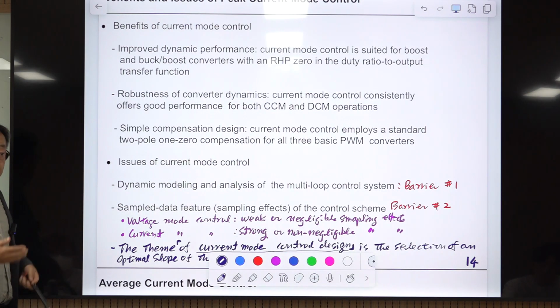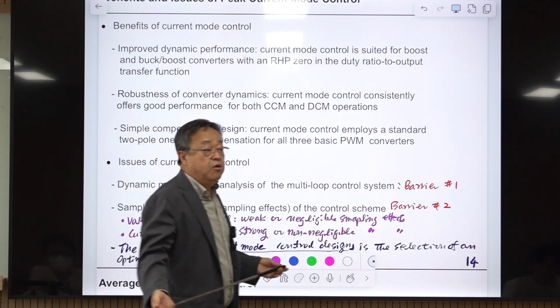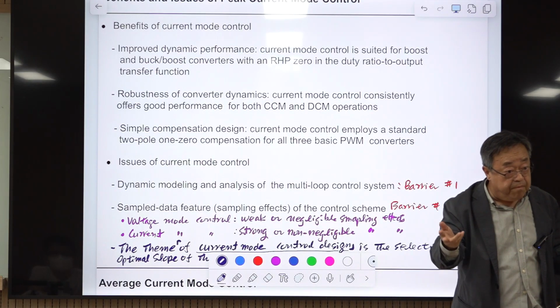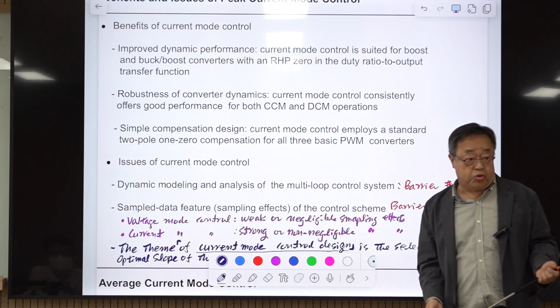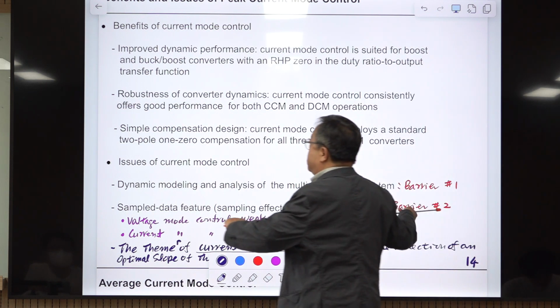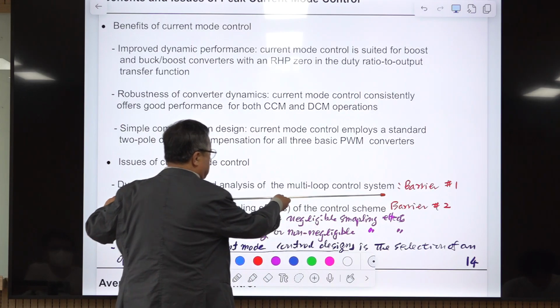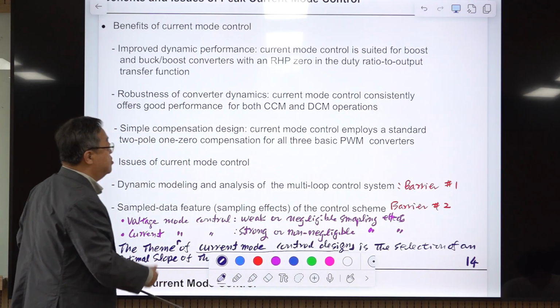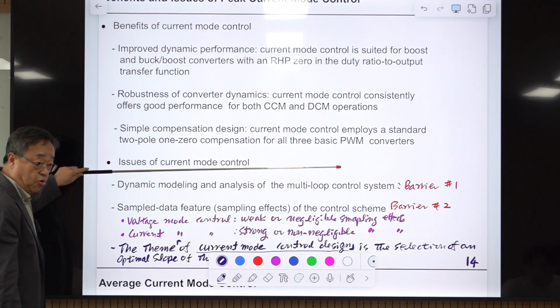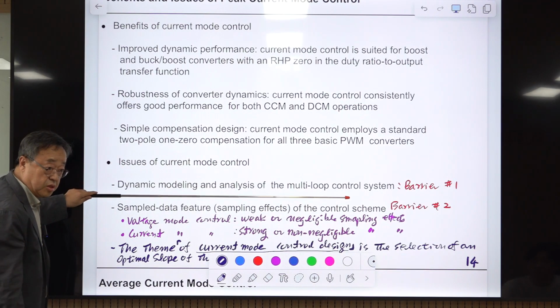What you are learning in undergrad classical control theory is a single loop control system, but this is a two-loop or multi-loop control system, which is more complicated and more complex to analyze and design. So that is the technical barrier, number one. Many students are afraid of approaching current mode control because of this.